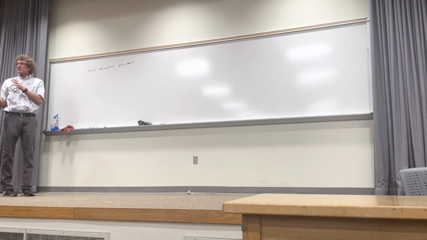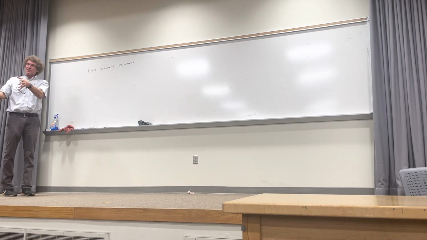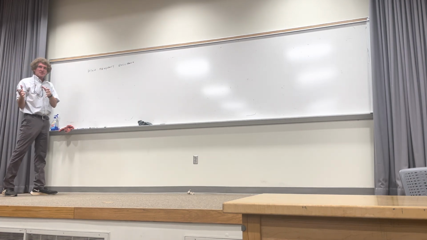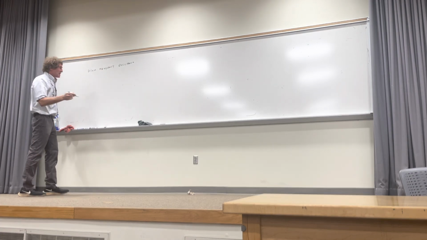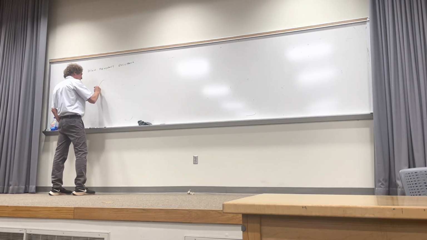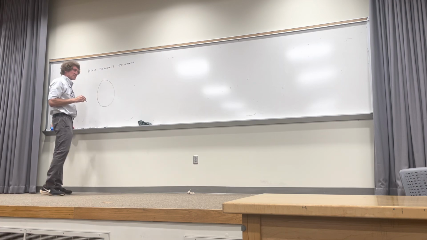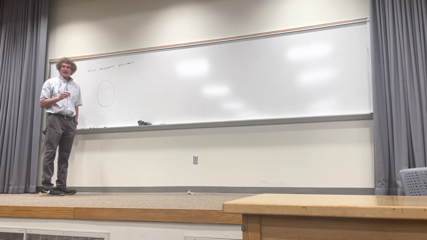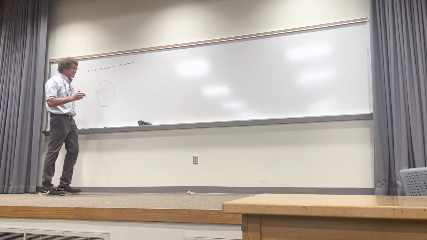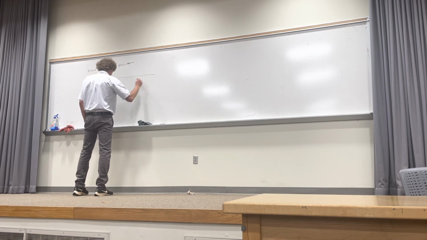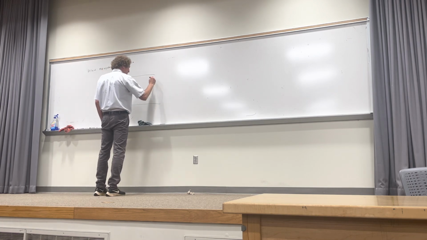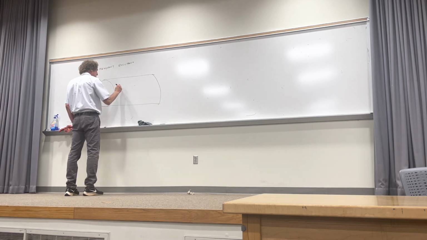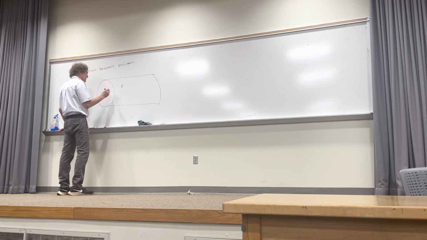I'm trying to teach this in a way that I would want it taught to me if I was sitting where you were, and I don't want to just go through a bunch of abstract math. So if you think about a resistor, let's do the simplest possible resistor. I'm going to take a constant cross-section resistor of a given length. And this has some sigma in it.